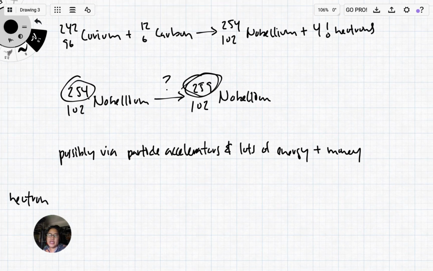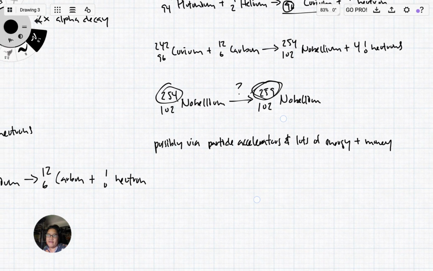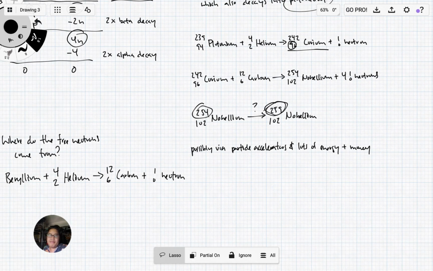I was looking for the answer and couldn't figure it out, so I'm just going to guess how they do it. Possibly through particle accelerators and lots of energy and lots of money in order to achieve this number, this element, this atom, in order to get to 235 uranium.